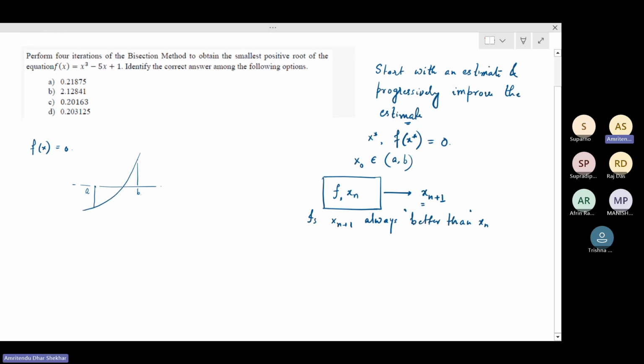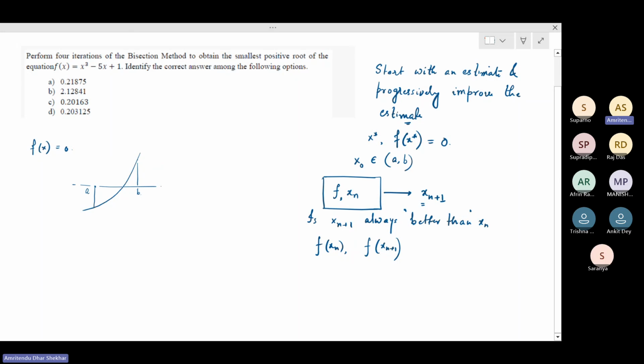By better, what I mean is that you're trying to solve an equation, and you want the number to be as close as possible to zero. So a solution would be something which gives zero, but an estimate is a number which is close to zero. So let's say you compute f of xn and you compute f of xn plus 1.